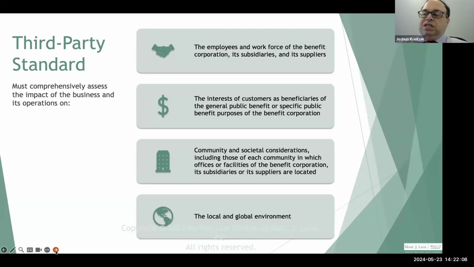So what interests and factors must be taken into account in measuring social and environmental performance?